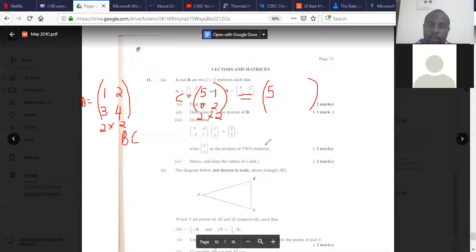Good. The amount of rows in the first one, the amount of columns in the second one tells the order of the answer. All right.